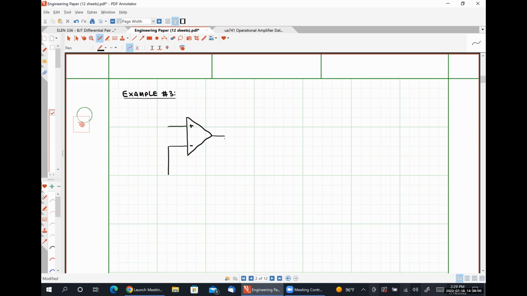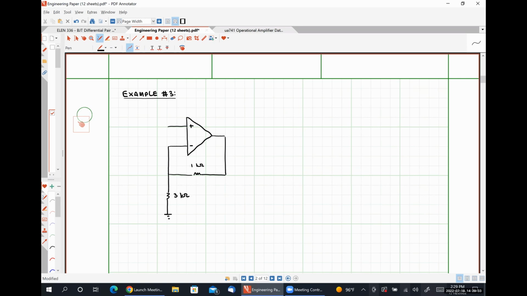I'm going to connect the inverting input node and the output node with a resistor. Let's make this a 1 kilo ohm resistor. I'm going to have a 3 kilo ohm resistor here.